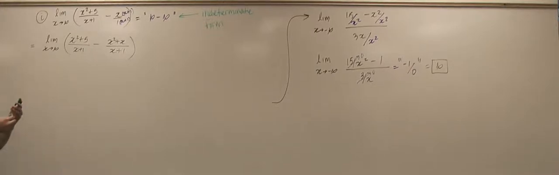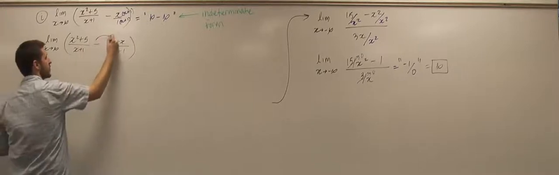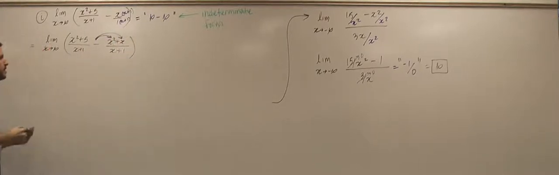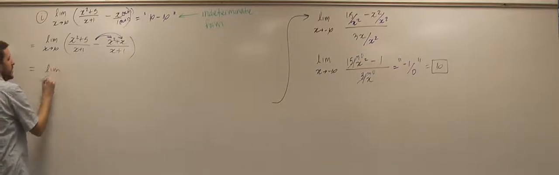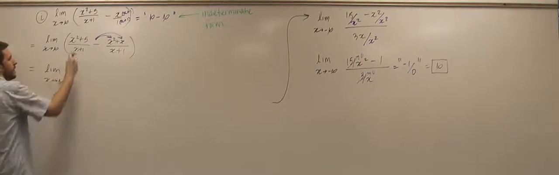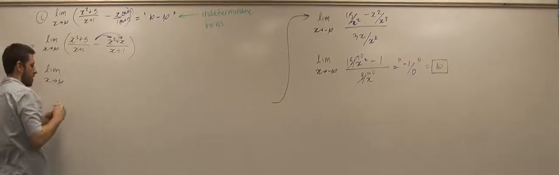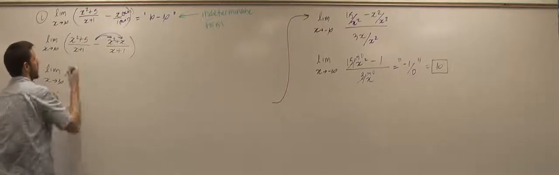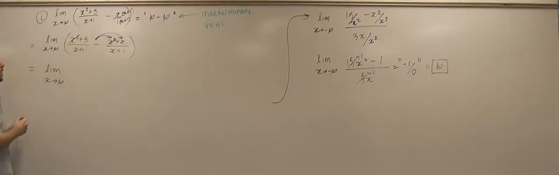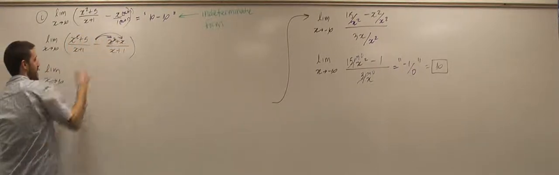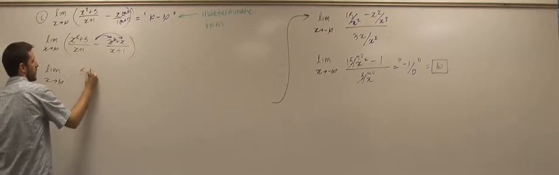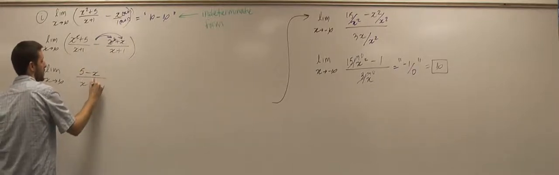So what happens when you collect here? The negative has to get distributed. So this will be the limit as x goes to infinity. x squared minus x squared, the x squareds go away. 5 minus x is all you'll have left, over x plus 1.